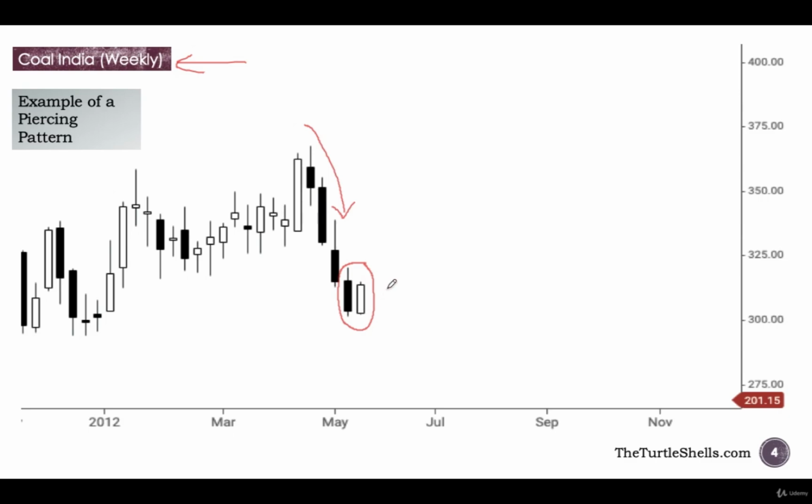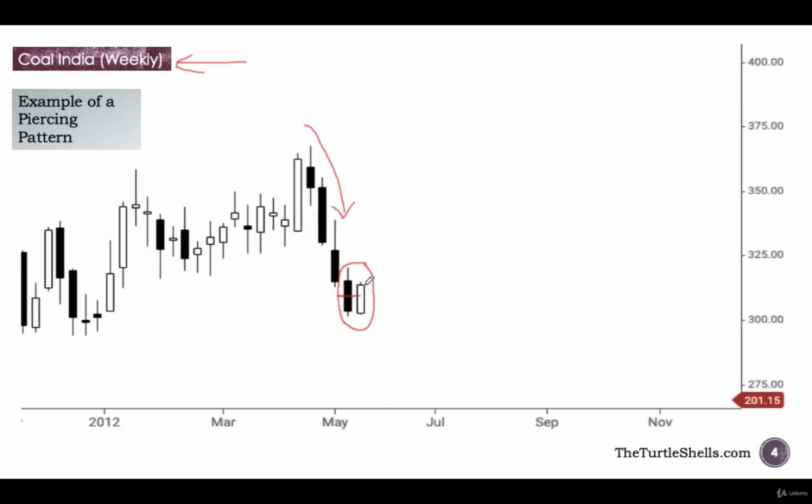So we will call it a variation of a piercing pattern. It is not a perfect piercing pattern. It's a variation because the closing is above the midpoint of the black real body. That is the reason why we can consider this as a piercing pattern.